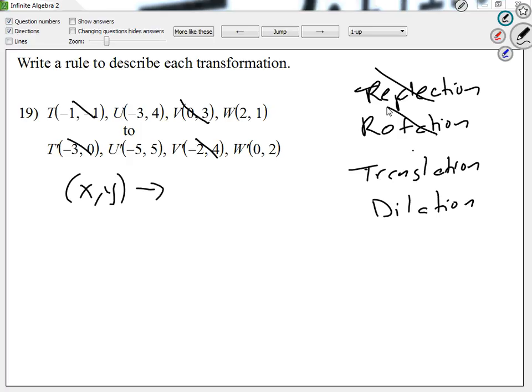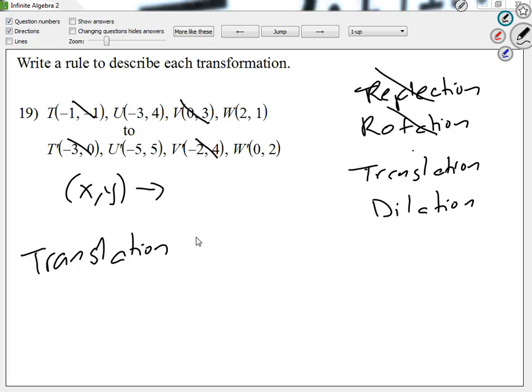If it's translation, I'm adding the same to every X, and then I'm adding the same to every Y. If it's dilation, I'm multiplying everything by the same. I heard translation, so let's try translation. What are we doing to the X?